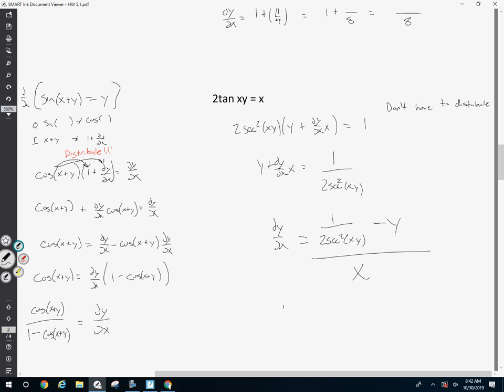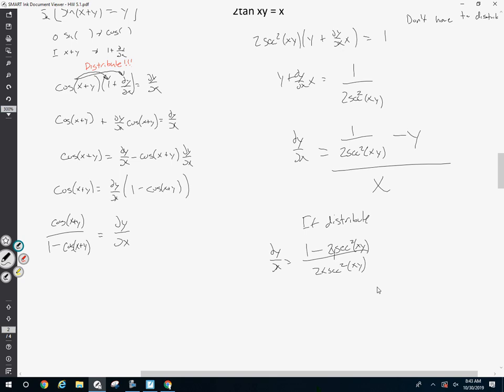I'll just show if you distribute. You'd have, I'll just do it quickly, 1 minus 2 secant squared(xy) times y, so I guess 2y secant squared(xy) over x, 2x secant squared(xy). Okay, but they're the same.